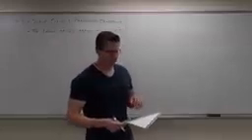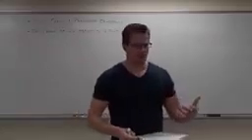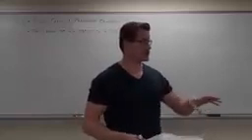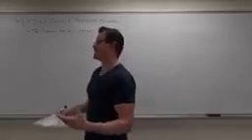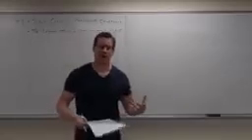Now, I'm going to write these out so you have some good notes here. There's a problem with always defining a plane curve in terms of x and y, rectangular coordinates. There are a few problems with this.